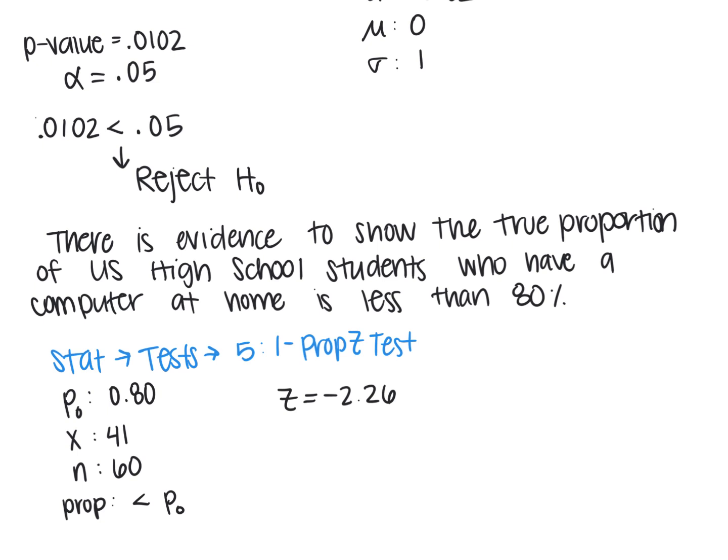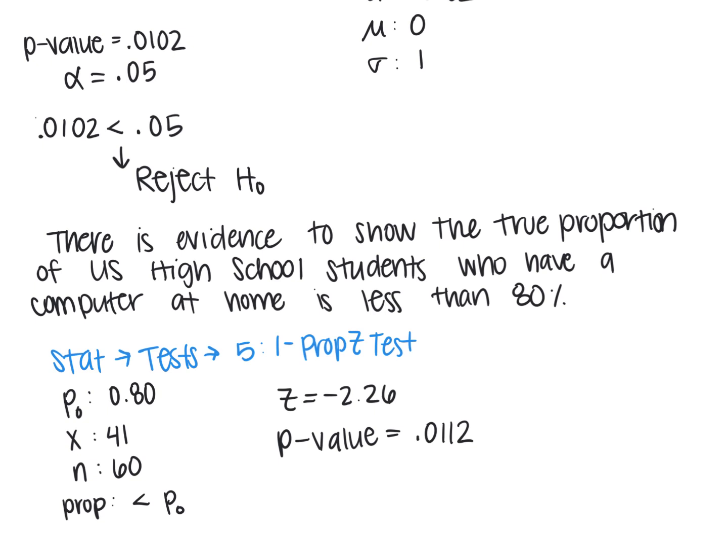And then my p-value, which they do use just p for p-value, ends up being 0.0112, which is also a little bit bigger, so it is different than what we calculated. Not different enough to change our conclusion, because when I compare 0.0112 to 0.05, it's still less than alpha. We're still going to reject our null hypothesis.